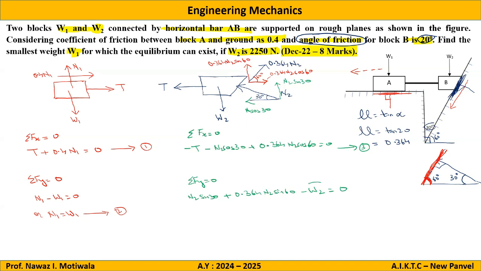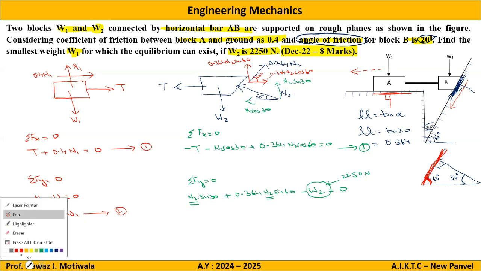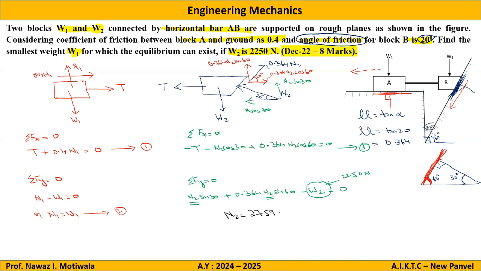The weight W2 is already given to us in the question as 2250 Newton. So substituting W2 as 2250, the only unknown that remains in this equation is N2. So substituting the value of W2, I will get the value of N2 from this equation as 2759.94 newtons.